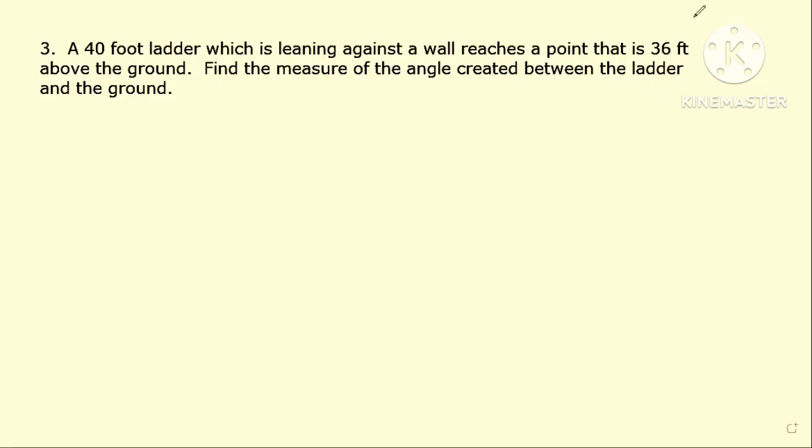Problem number 3: a 40-foot ladder which is leaning against a wall reaches a point that is 36 feet above the ground. Find the measure of the angle created between the ladder and the ground. So we have a ladder here. This is our ladder.